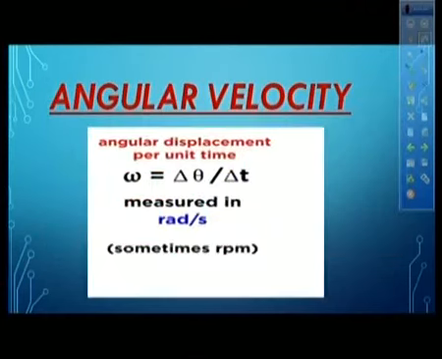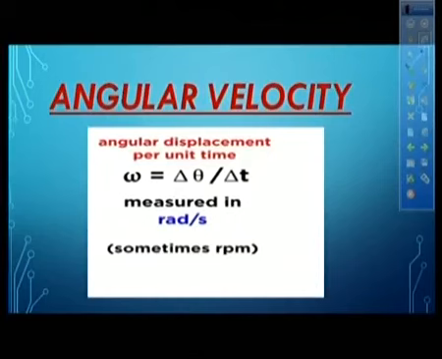Then we have another term which is angular velocity. In linear motion, first you study about displacement, then velocity, then acceleration, then force. In same way, in circular motion, we will take angular displacement. Now we will take angular velocity.